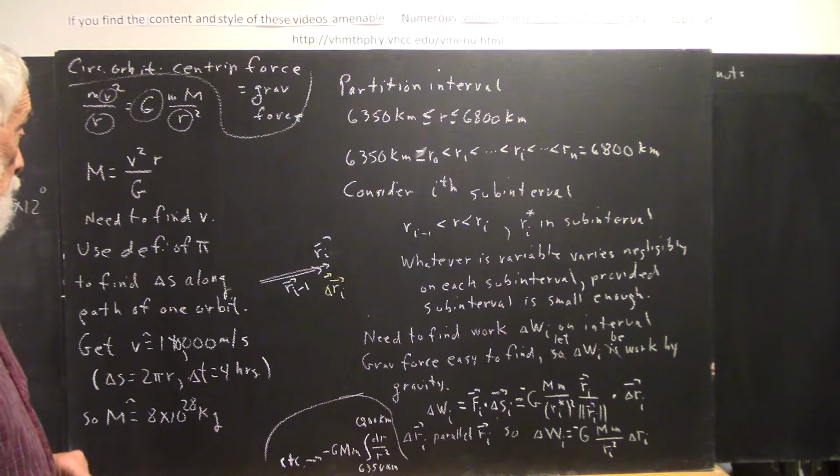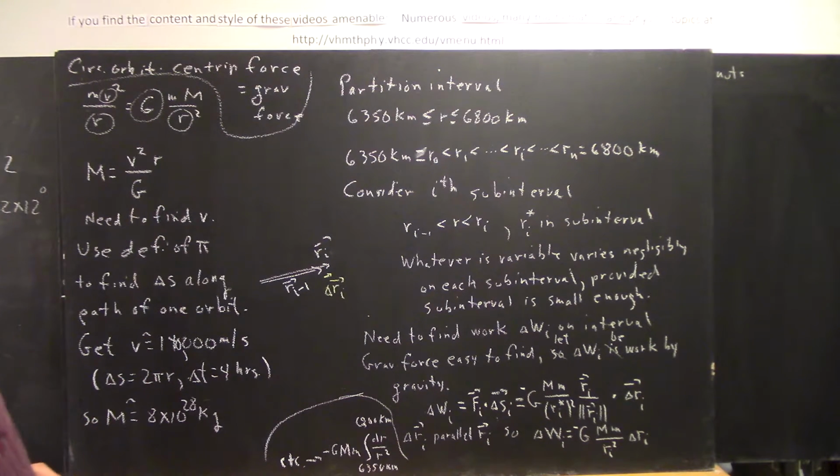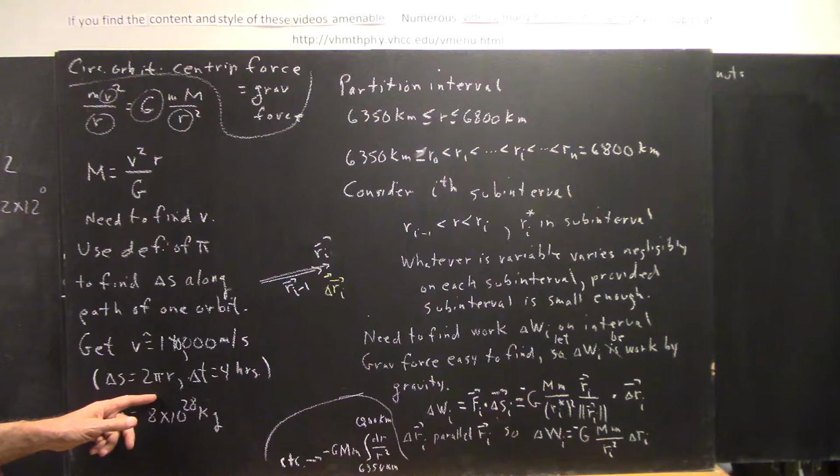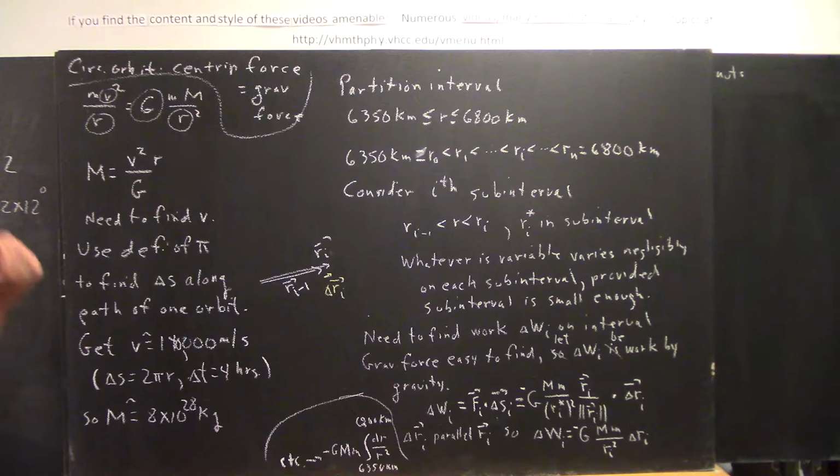That's pretty good velocity. We get that from the distance along the path, which is 2 pi times the radius, the circumference, and the delta t is 4 hours. So you just plug in what you have, and I believe you get this velocity.